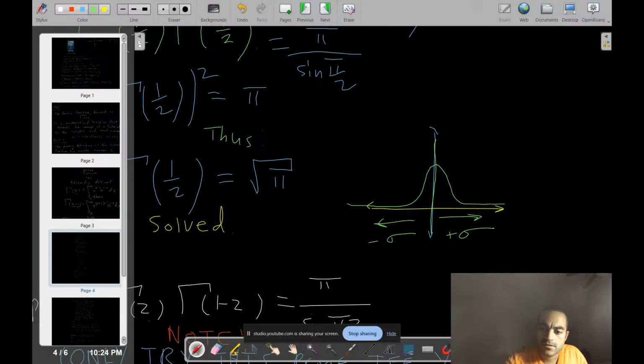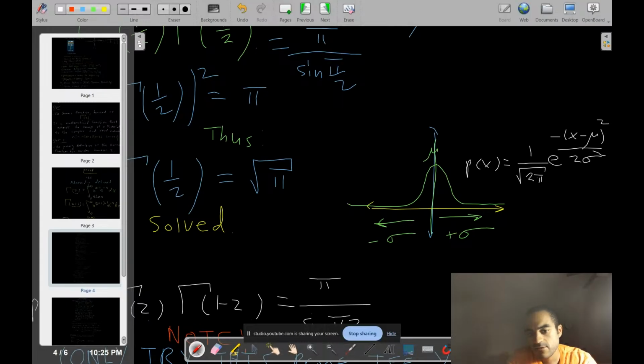And the center point is the mean, mu here, right? This bell curve is usually written in the form P of x, probability density function, is equal to 1 all over the square root of 2 pi, right? E to the negative x minus mu squared divided by 2 sigma squared.